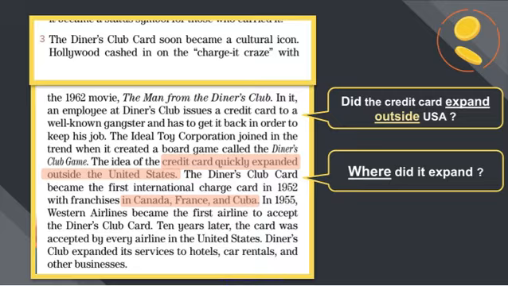Countries across Europe, Asia, and other regions embraced this technology, making it a universal tool for convenience and security in transactions. This expansion outside the USA was crucial because it not only increased the usage and acceptance of credit cards, but also paved the way for international commerce.